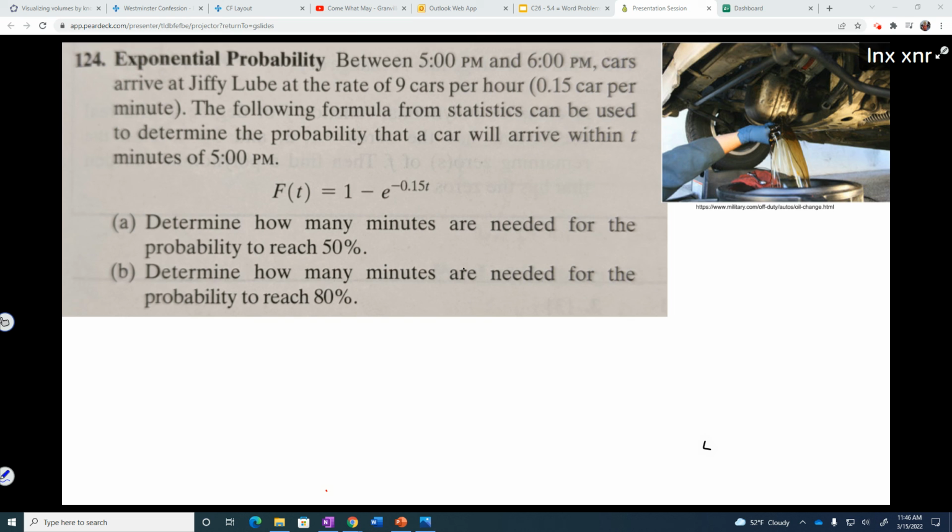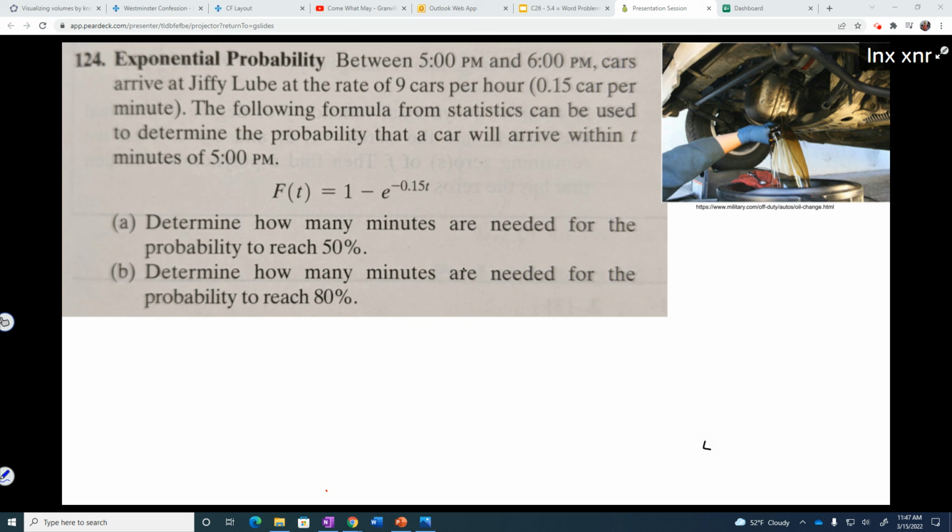All right. So in this particular example, between 5 p.m. and 6 p.m., cars arrive at Jiffy Lube at a rate of 9 cars per hour. So a fair amount per hour. And the following formula from statistics can be used to determine the probability that a car will arrive within T minutes of 5 p.m. So basically, this is trying to figure out the probability that a car will arrive within 5 minutes or 10 minutes and so on.